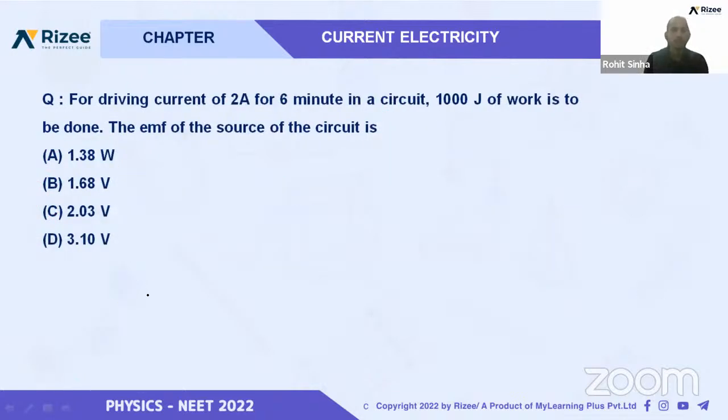Okay, now try this question. Any answer? I think you should do it. You can do this type of question, just formula putting, I think.